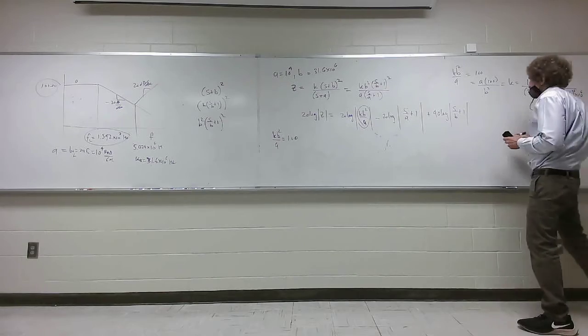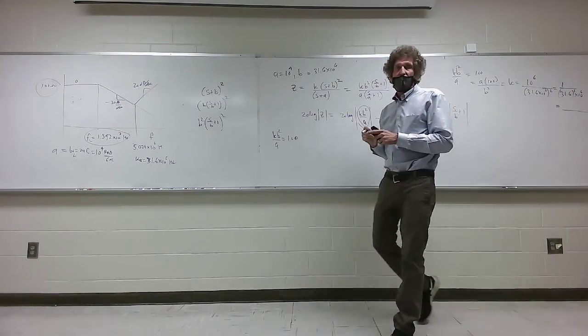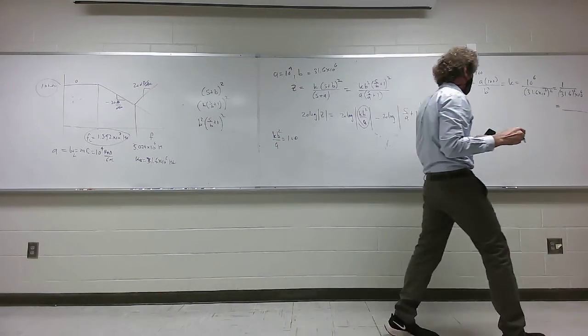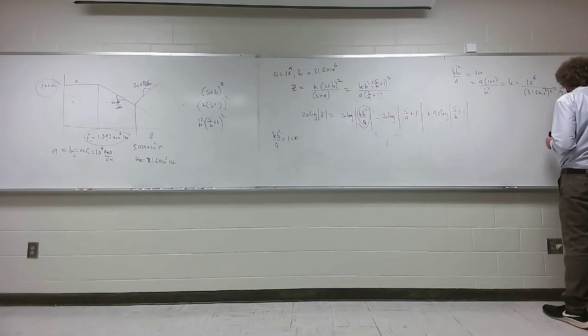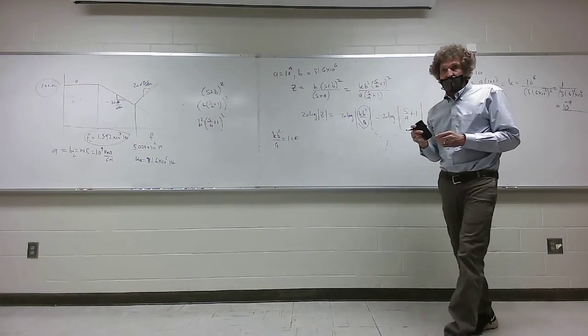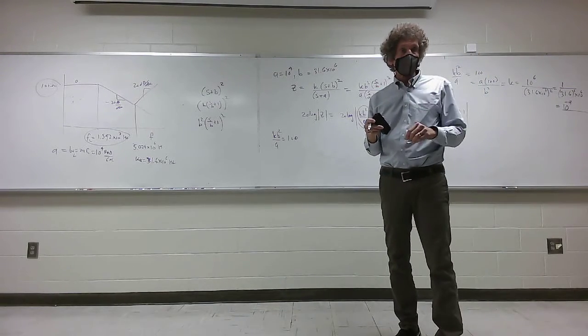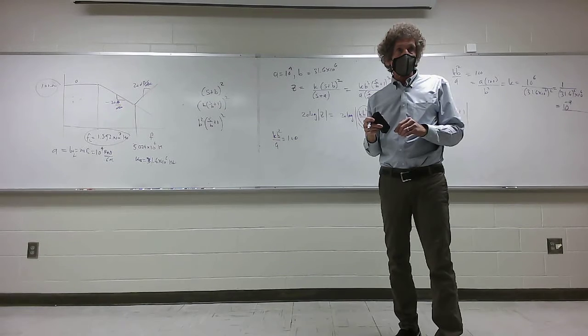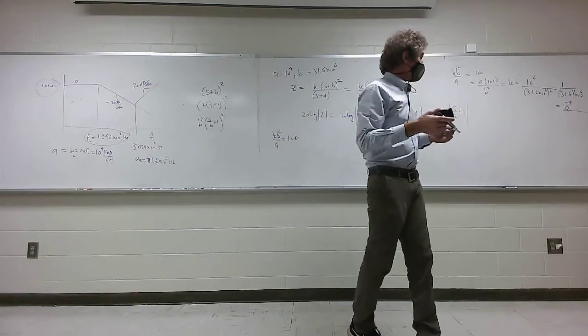Could you give me that value? 1 times 10 to the power 9? I mean 10 to the minus 9. Y'all follow me on that? 10 to the minus 9 is 1 times 10 to the minus 9. Yeah, you're right.